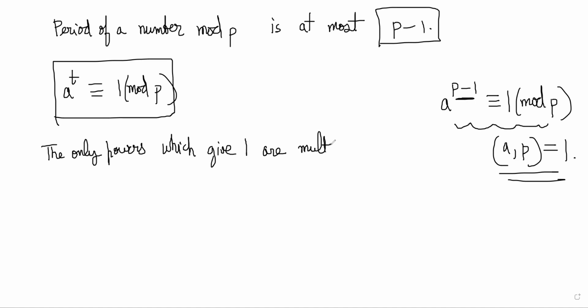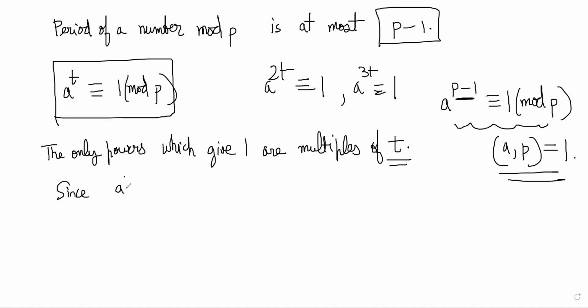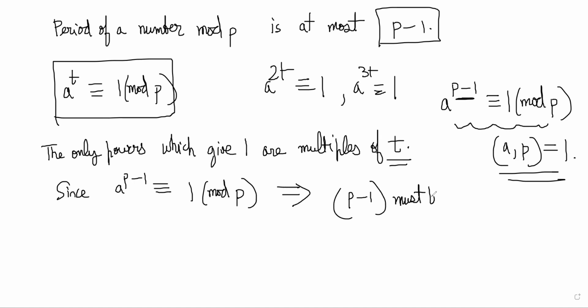We have seen earlier that a power t was 1, a power 2t was congruent to 1, a power 3t was congruent to 1. So, since a power p minus 1 is congruent to 1 mod p, that implies that p minus 1 must be a multiple of t.